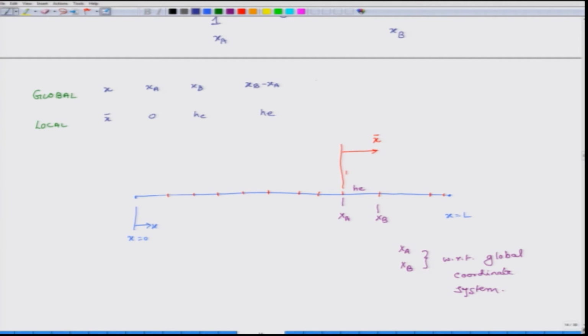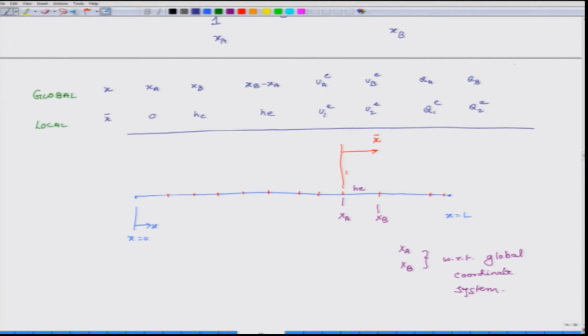In my global coordinate system, the displacement of the first node of the eth element is U of A, here I just call it U1 E. This is U of point B for the eth element, this is U2 E. Same thing for Q's, QA, QB, here I call it Q1 E, Q2 E, and so on and so forth.